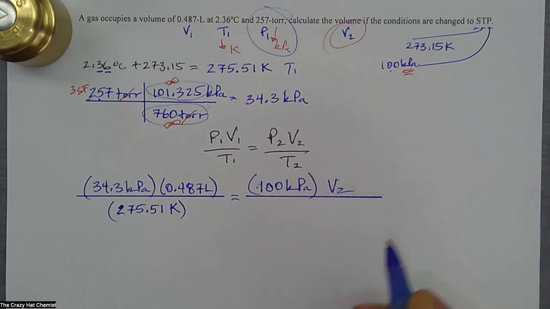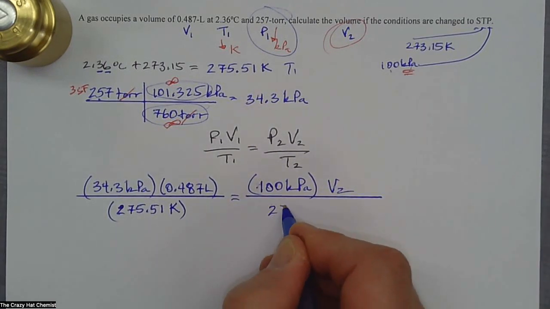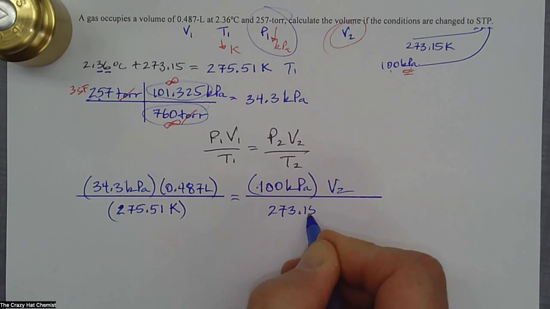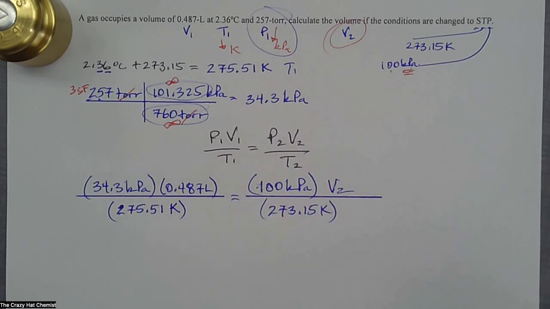Volume 2 is what we're solving for, and our temperature is 273.15 Kelvin, just like that.